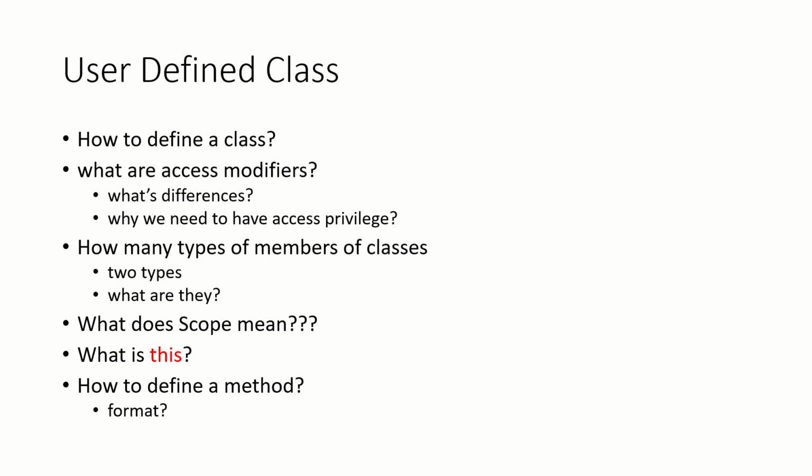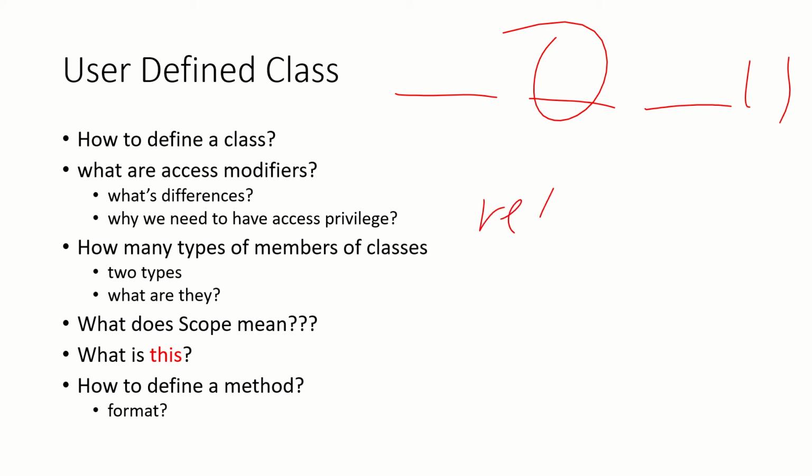Same thing: access modifier, return type, method name, and parameters. If you have a return type, you have to include the keyword return.